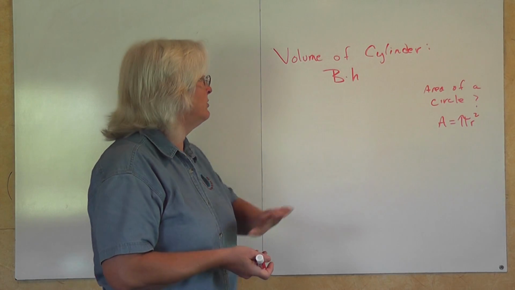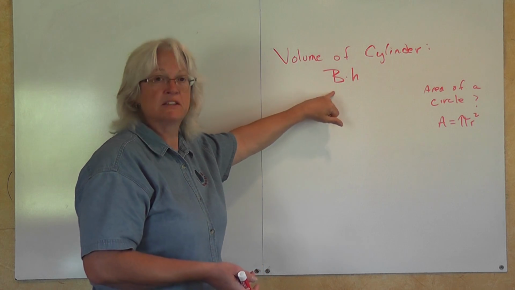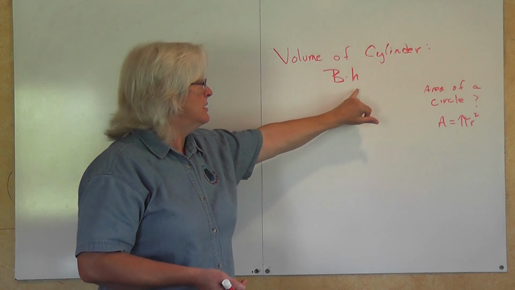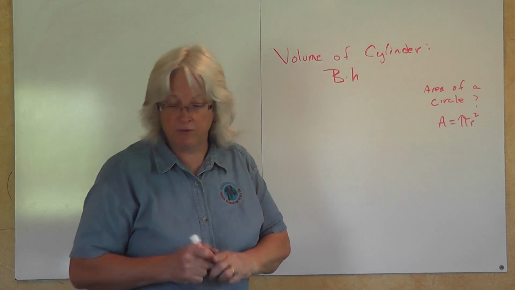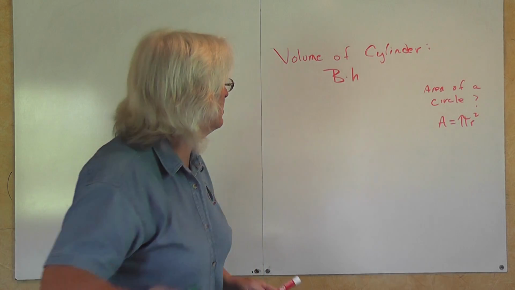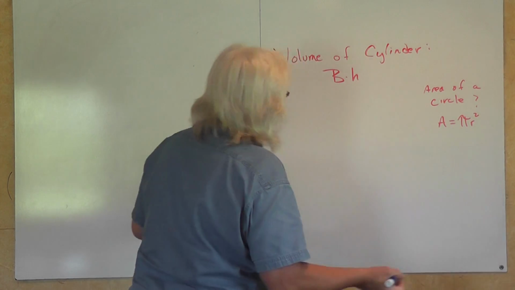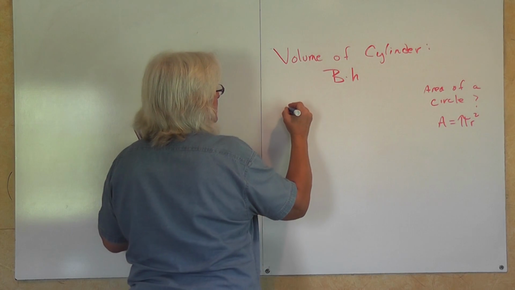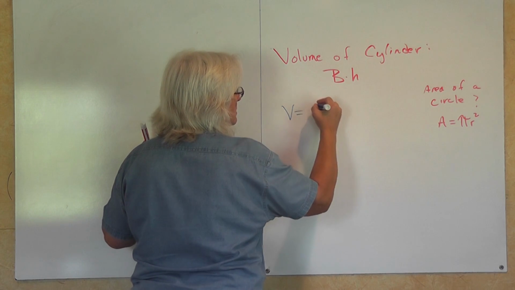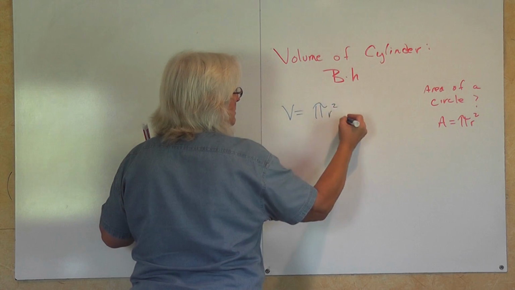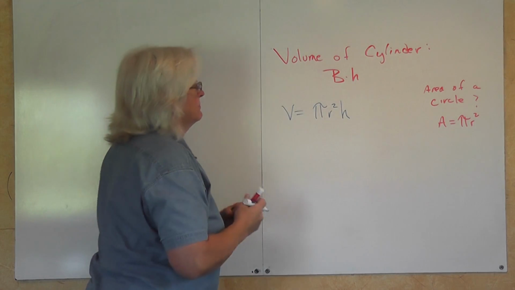So if the volume of a cylinder is the area of the base times the height, then the formula to help you find that is exactly this. So volume is equal to pi r squared h.